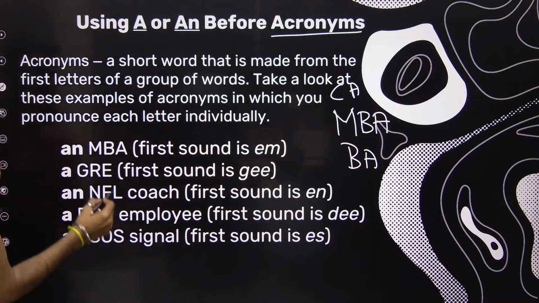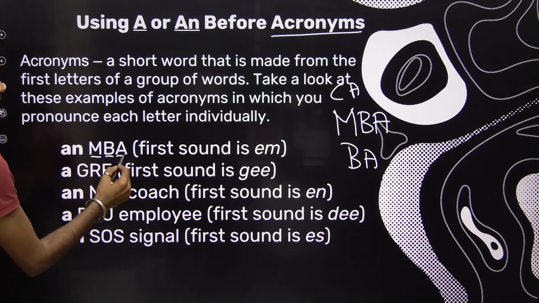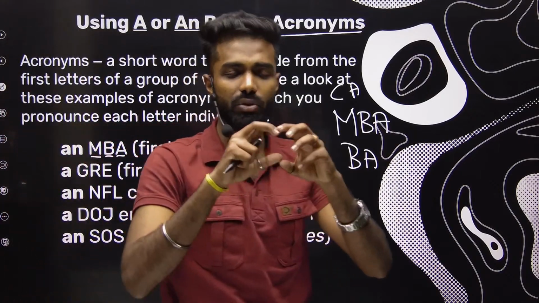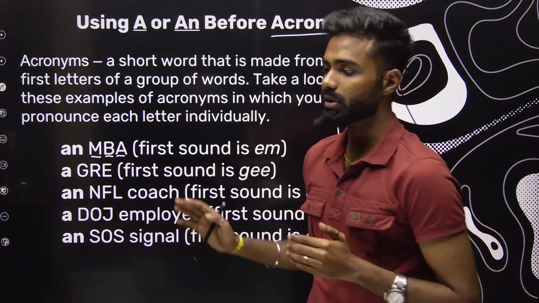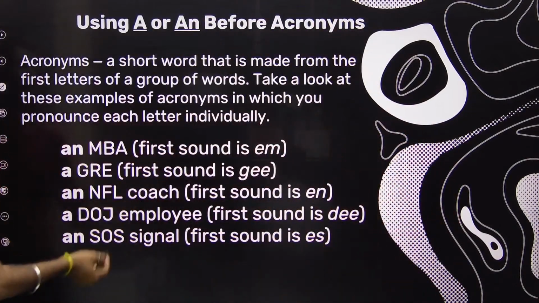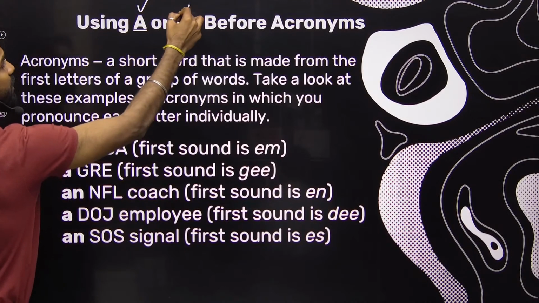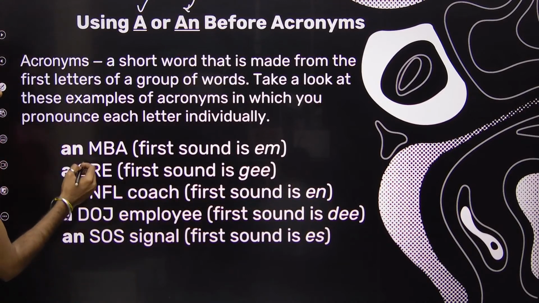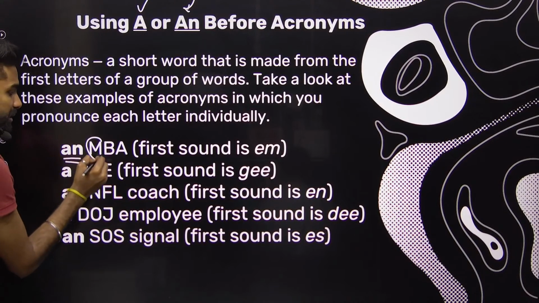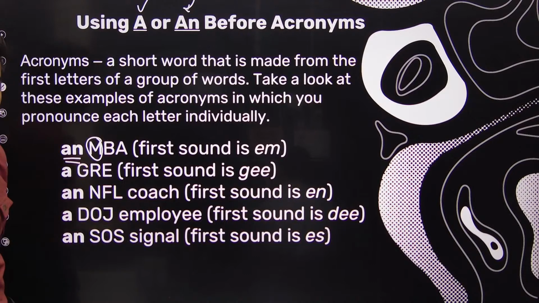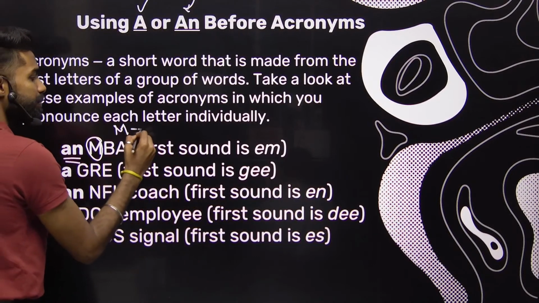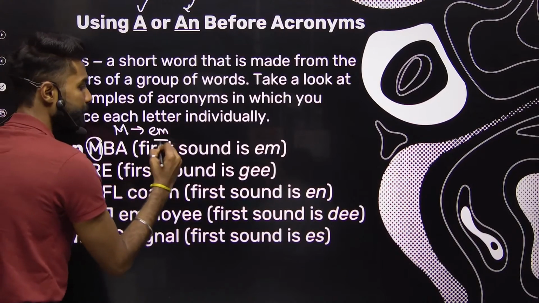Okay? For example, see, Master of Business Administration. What am I doing? I'm just taking the first letters and using them in a short form of the words. So it is called my acronym. That's it. Okay. So now when it is an acronym, whether I should use a or an, what should I use here? An MBA student. Here, why am I using an? M is pronounced separately, right? MBA. This M is pronounced as M, right?